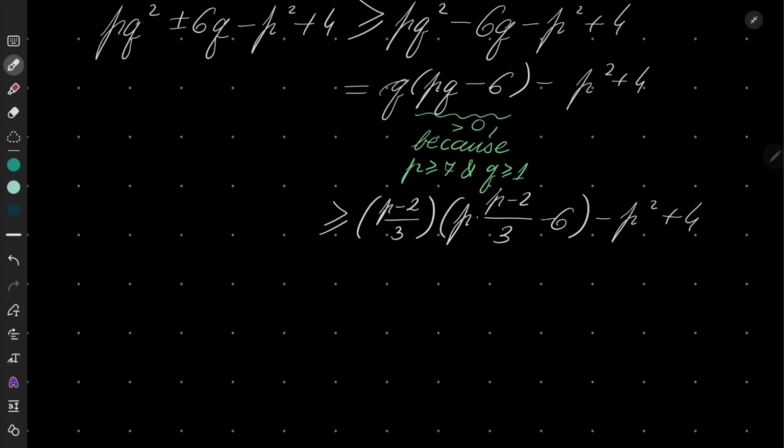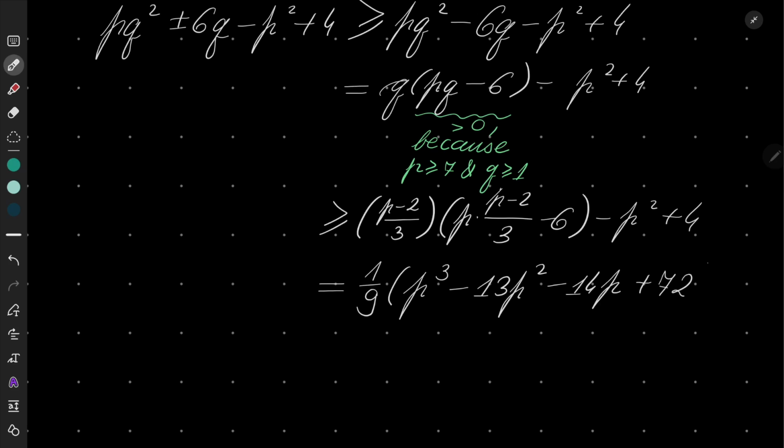And now let's simplify it. This entire expression, I will leave details to you. It's boring algebra, but it will become 1 over 9 times p cubed minus 13p squared minus 14p plus 72.